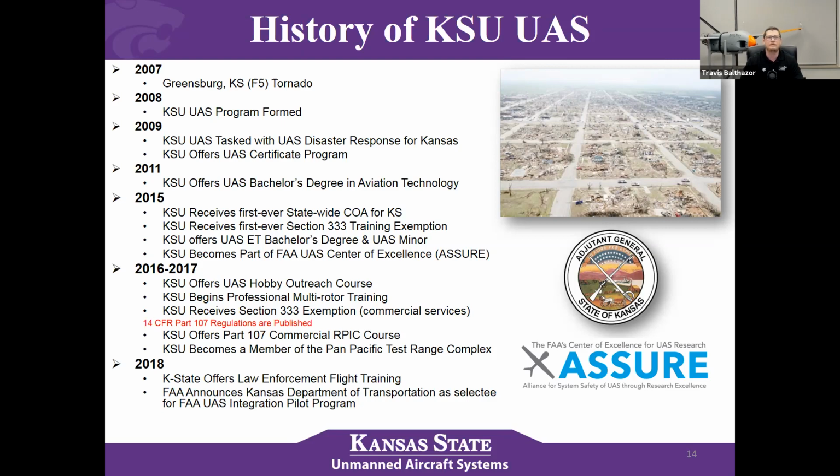In 2017, we also became a member of the Pan-Pacific UAS Test Range Complex, which is a partner with the FAA to conduct aeronautical research for unmanned aircraft systems. And then in 2018, just last year, we expanded one of our course offerings to include law enforcement flight training for those law enforcement agencies that want to involve unmanned aircraft in their day-to-day work.